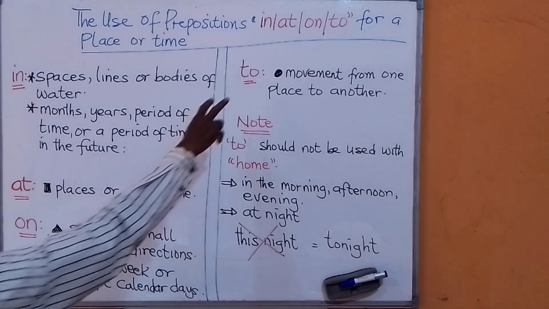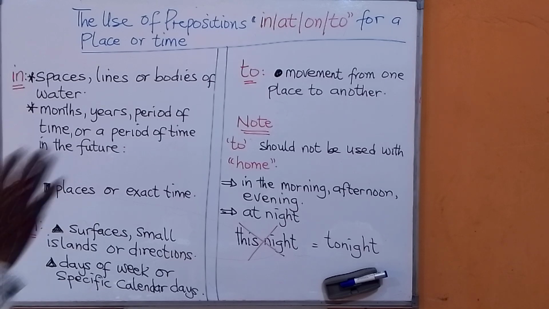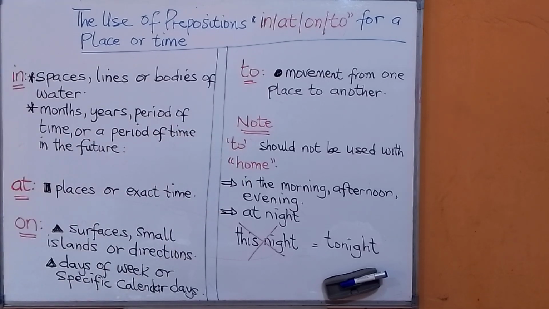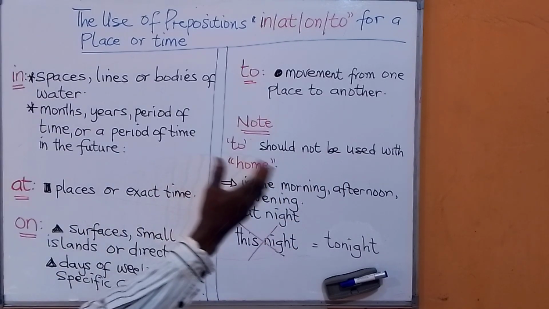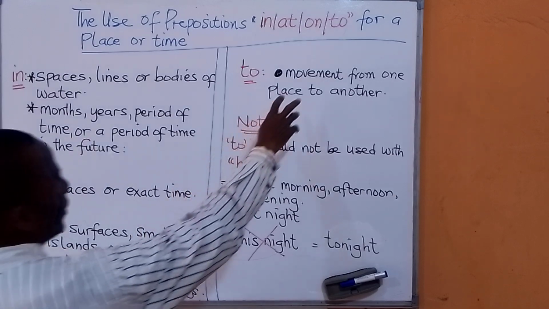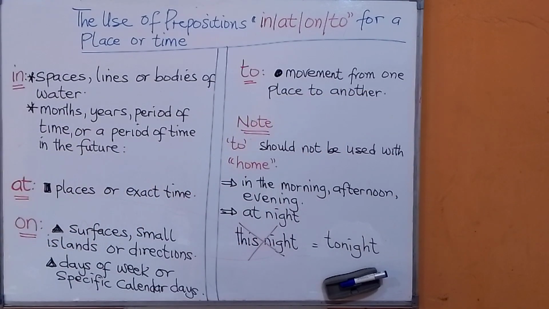We go to the next one, to. That's talking about movement from one place to another. We are going to the market. We are going to see him. We are going to meet. When you are talking about movement from one place to another.